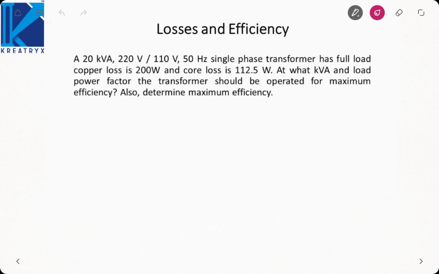Moving to the next one. A 20 kVA, 220 by 110 volt, 50 Hz single phase transformer has full load copper loss 200 watt, core loss 112.5 watt. At what kVA load and power factor should the transformer be operated for maximum efficiency? For maximum efficiency, the condition in any machine is that the constant loss should be equal to the variable loss.